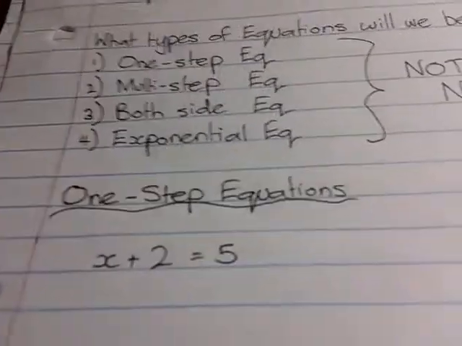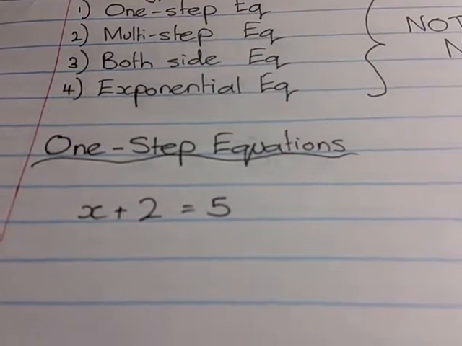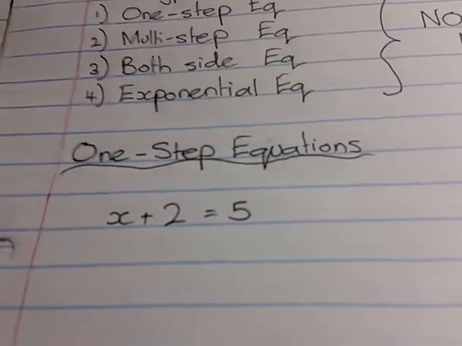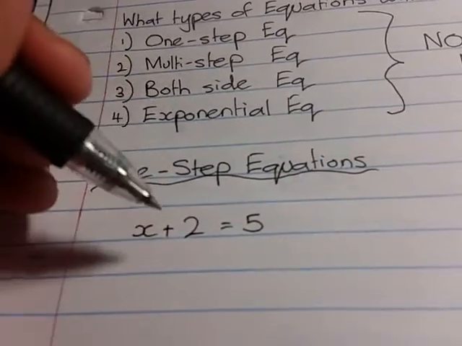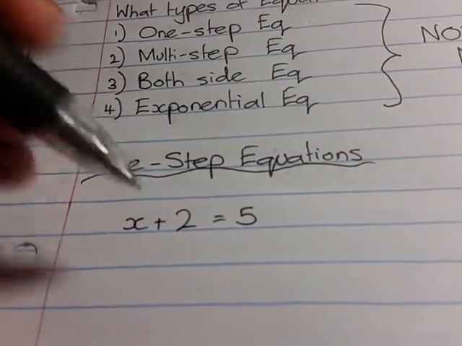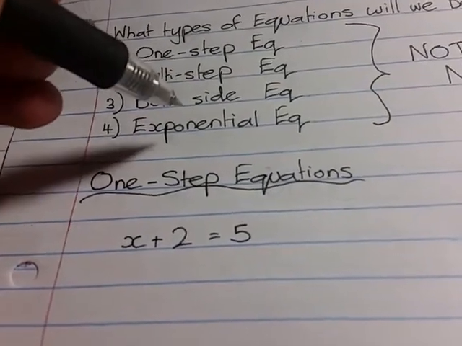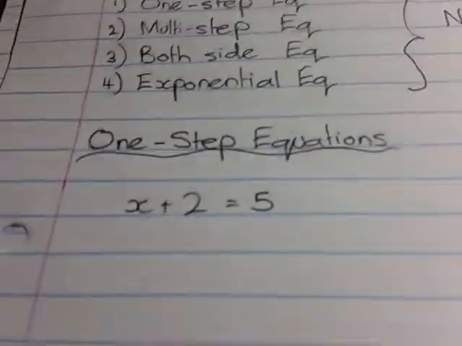However, I'm going to show you how to actually do the working. Because if you can see how it's done with the one step, then you would see how it's done for the multi and both side equations.